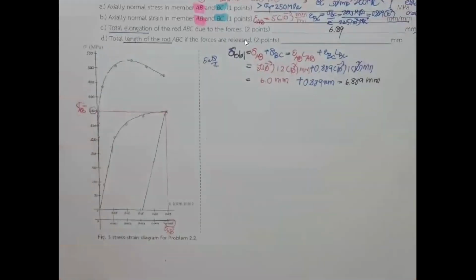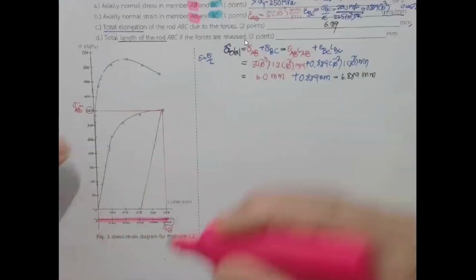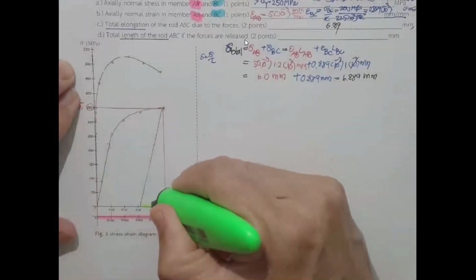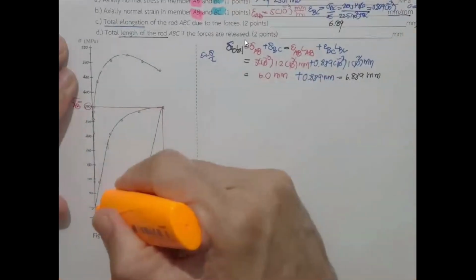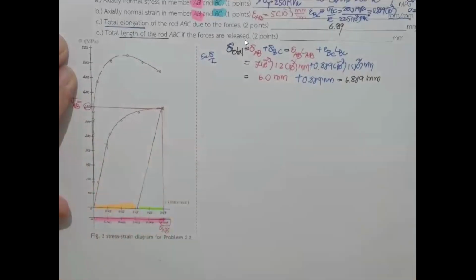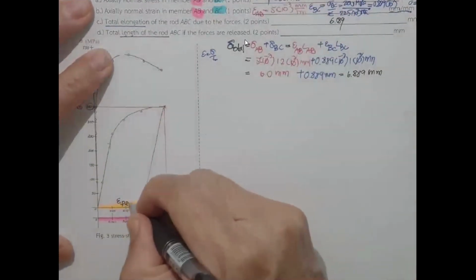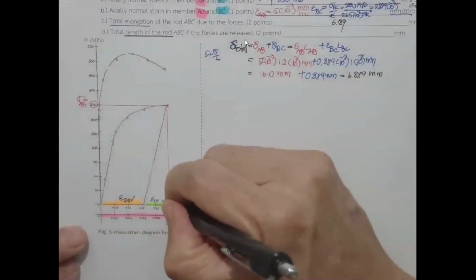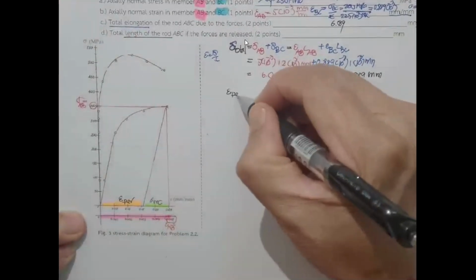Now, the same as before, we have this one for the strain AB, we have this one for recovery strain, and we have this one for strain permanent. Okay, then this is strain permanent, and this is going to be strain recovery. We will have strain permanent.